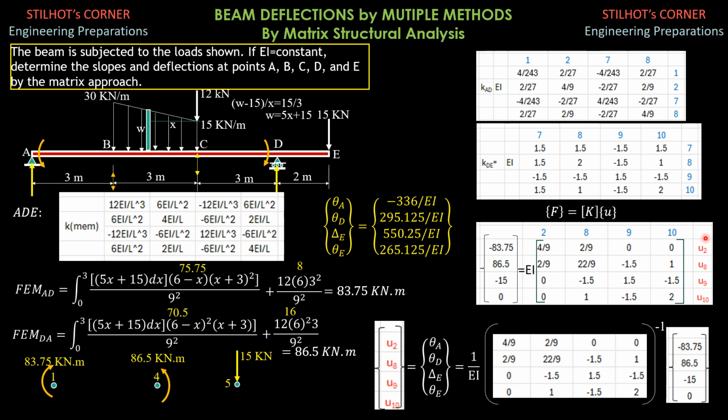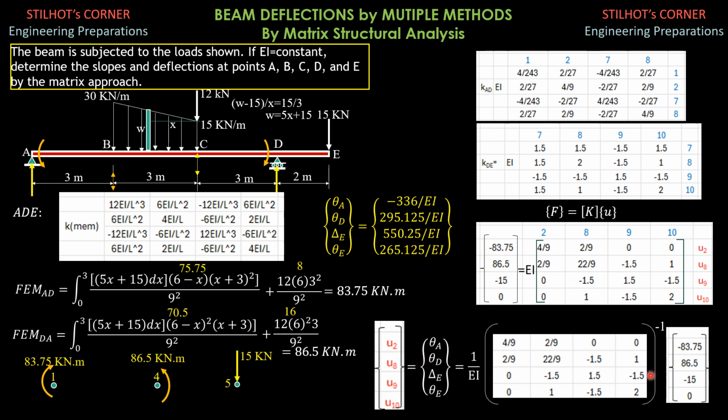Then we can now compute these displacements, U2, U8, U9, U10, specifically theta A, theta B, delta E, theta E. So E is 1 over EI, factor this out, 1 over EI times the inverse of this matrix, let's copy, times this force matrix here.